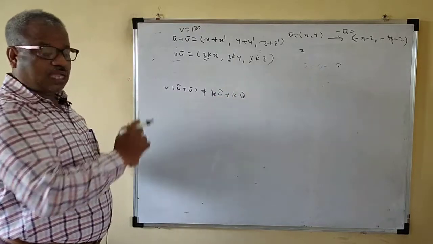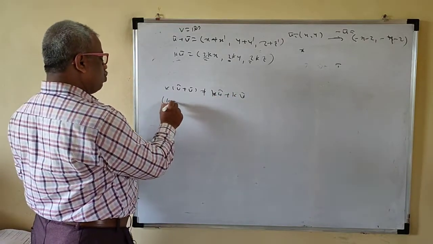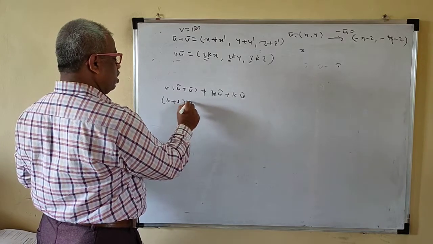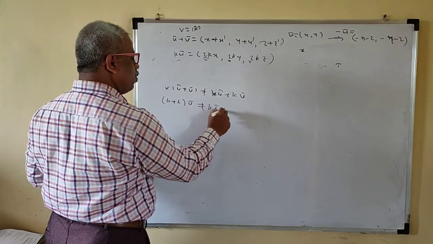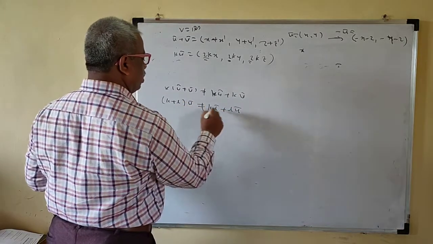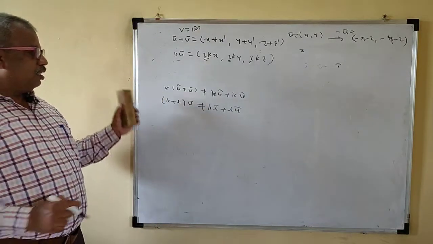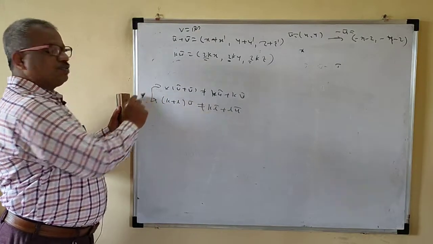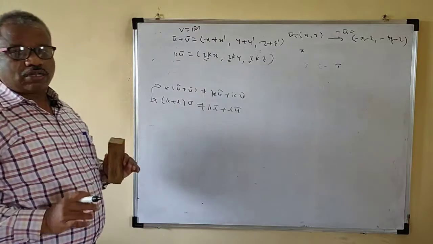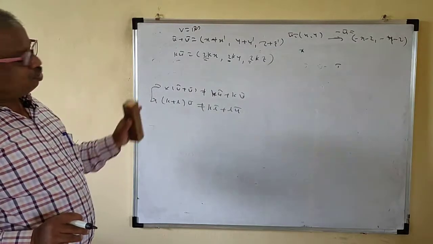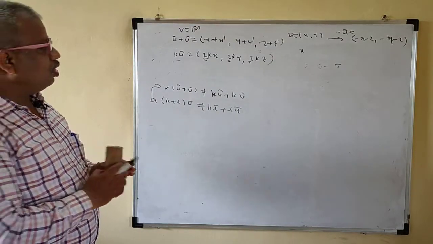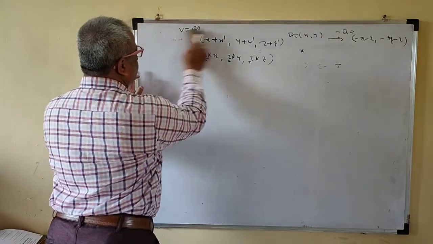Note that if such a type of operation is there, then this property does not hold here. Also (k plus l) u bar is not equal to k u bar plus l u bar. These two axioms do not hold. Although all the other axioms hold, these two axioms do not hold, so this is not a vector space.